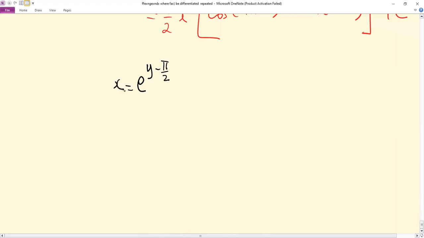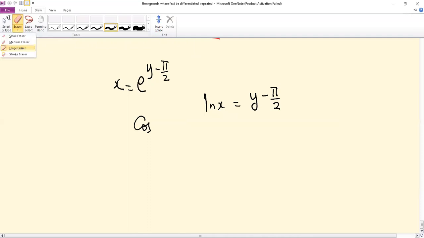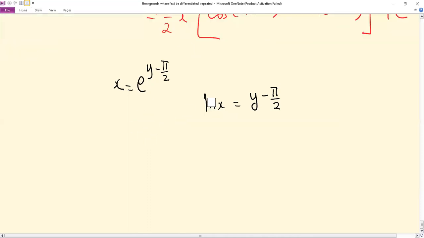So which means ln of x is the same as y minus pi over 2. So this, by definition, from this one, we have that.